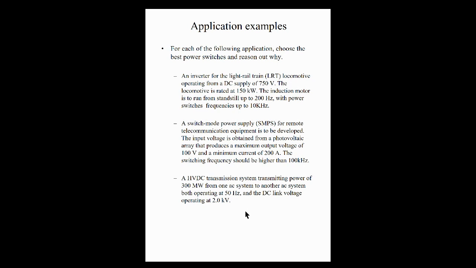So you're going from as low as 2 kilovolts to as high as 300 megawatts in terms of power, right? So high voltage as high as 2 kilovolts and power as high as 300 megawatts and frequency just 50 hertz. All right, so are you able to provide me with answers for the three scenarios?